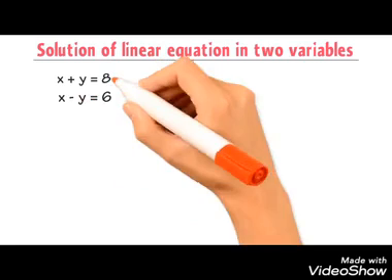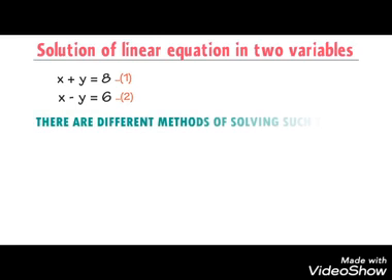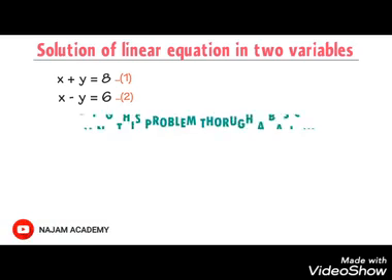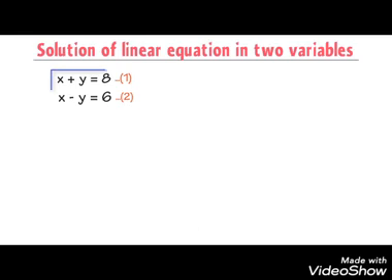Let me call this equation number 1 and this equation number 2. Now there are different methods of solving such type of linear equation. But I am going to solve this problem through a basic way. Now look at equation number 1, where the coefficient of y is plus 1.